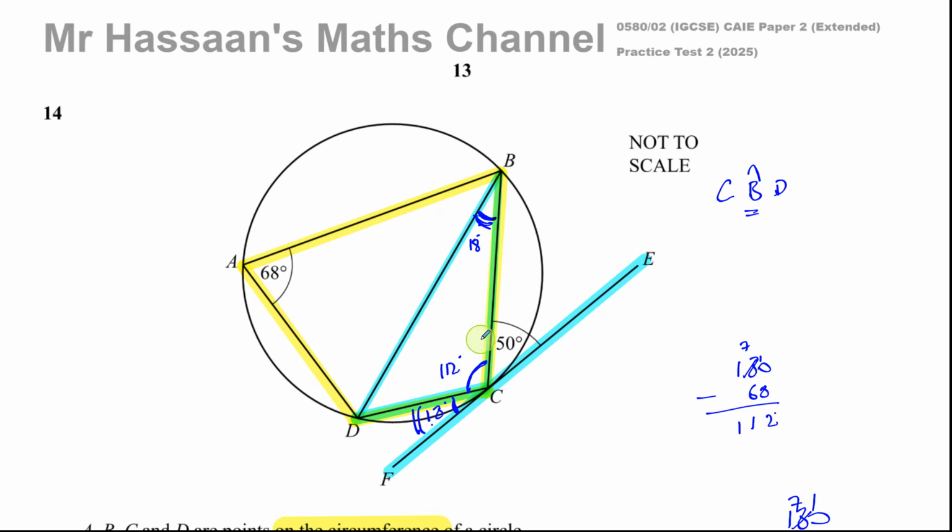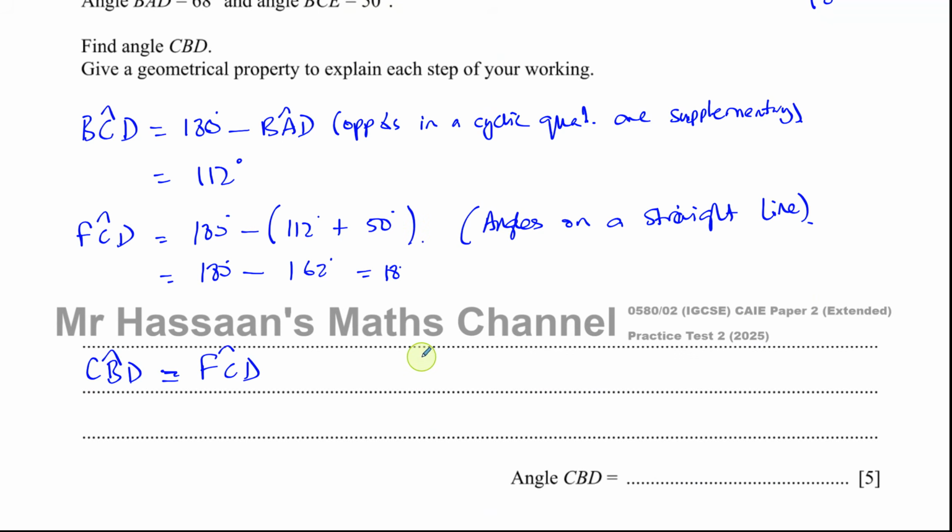So angle CBD is equal to angle FCD. Okay, because of what? The alternate segment theorem. Okay, so that's equal to 18 degrees. And there's our answer. Okay, so angle CBD is 18 degrees.